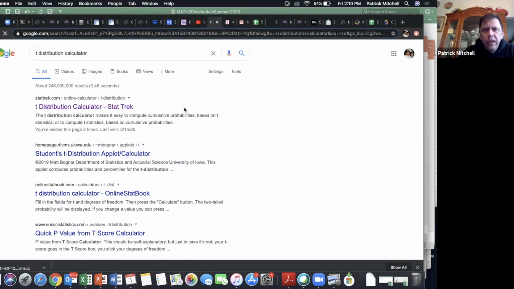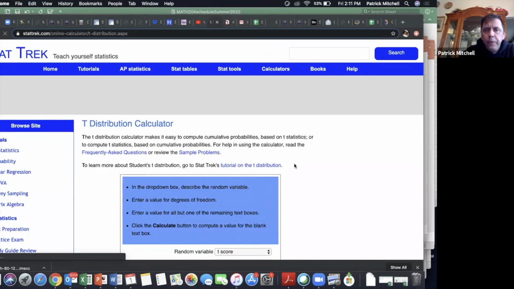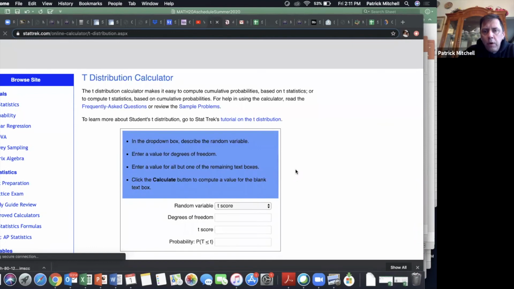I'm pretty sure I've shown this to you before. Okay, it's a little slow, but it's coming up. There we go. Okay. All right, so my random variable is t-score.